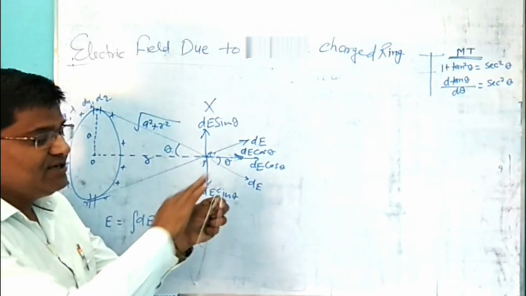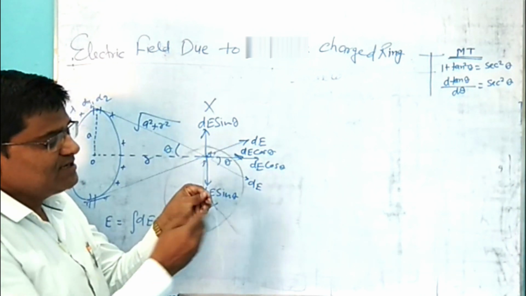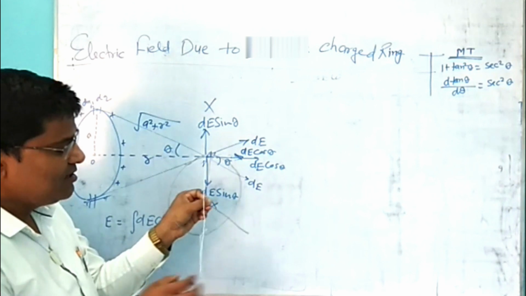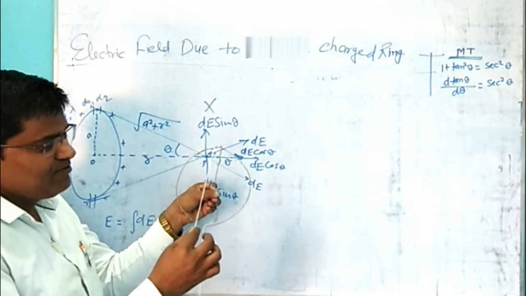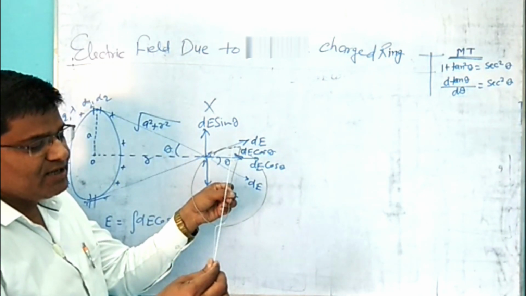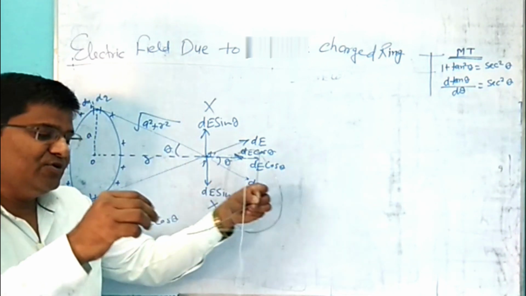Consider a charge ring. This is the whole charge ring. This is the center where I am holding this one. This is the center, and this is the section, and we want to find the electric field at this point. This is one component in this direction, and the other component in this direction, in both directions.